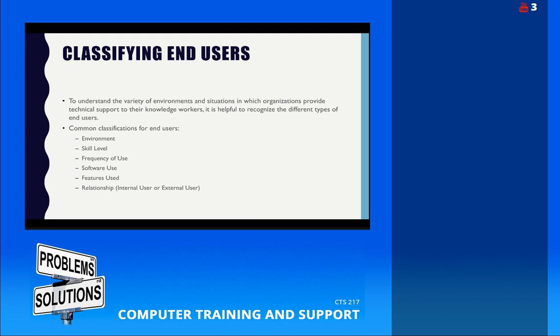Because if we want to form a good relationship with our clients, we want people who have a good experience, who are willing to come back, who are understanding and good to work with.